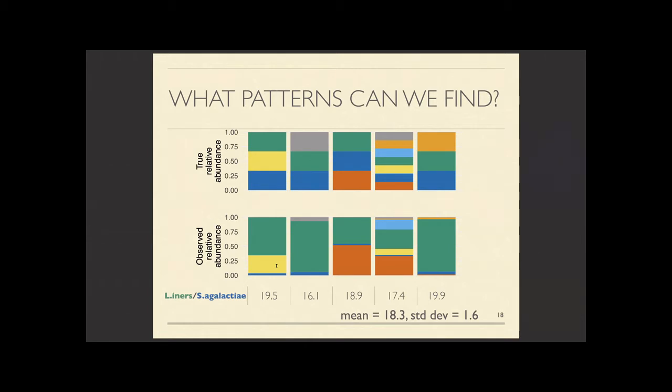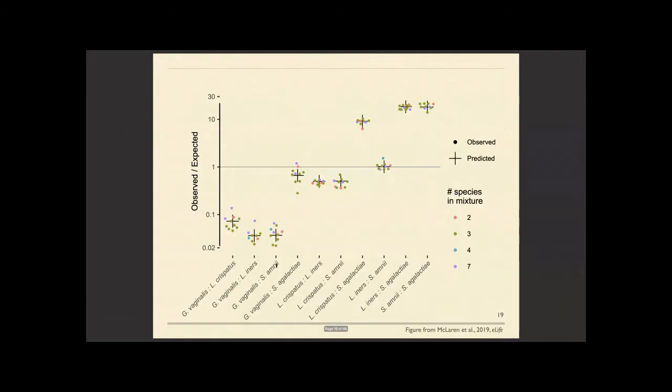So a natural question to ask then is, is this a specific feature of only these 2 taxa, or is this a common feature across all pairs of taxa? And the answer is it tends to be, in this data at least, a very consistent feature across all pairs of taxa.